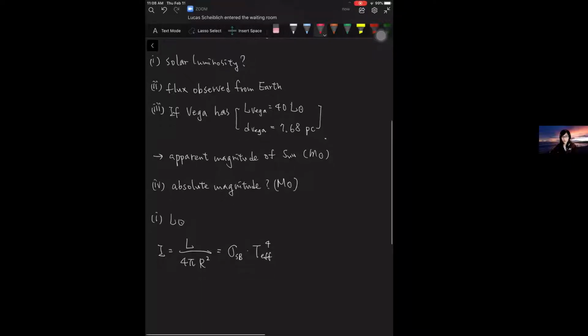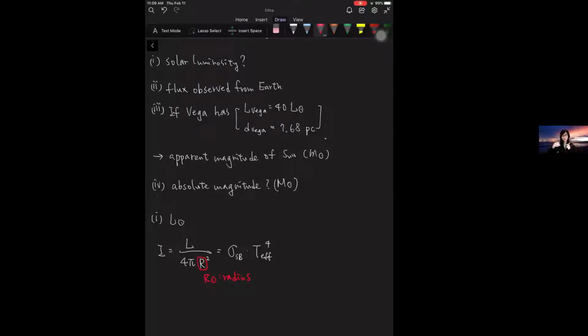Okay, so notice that this r over here is the radius of the sun. Okay, not the distance. Sometimes we will use L over 4 pi d squared, but that means we're considering the dimming of the object from the observed place. So the dimming is also decaying with the surface of a sphere, right?